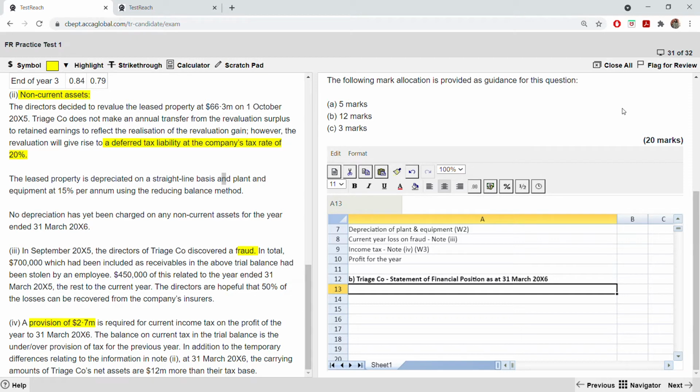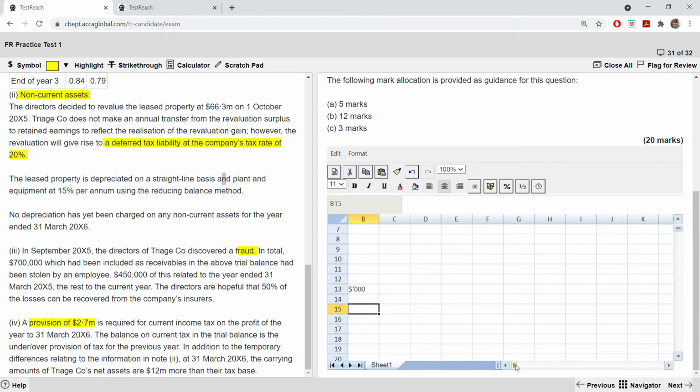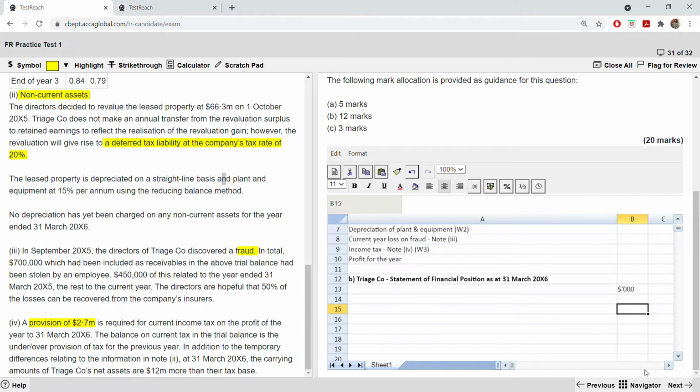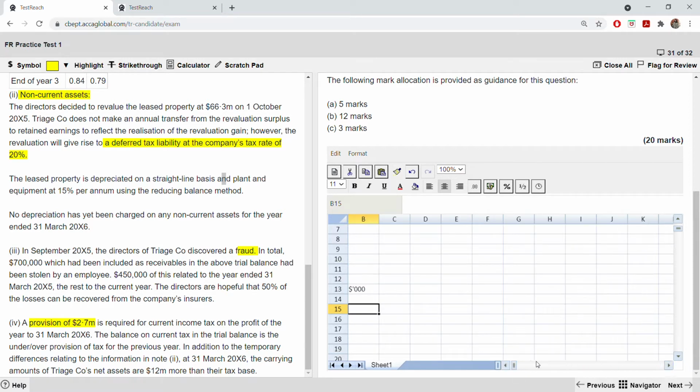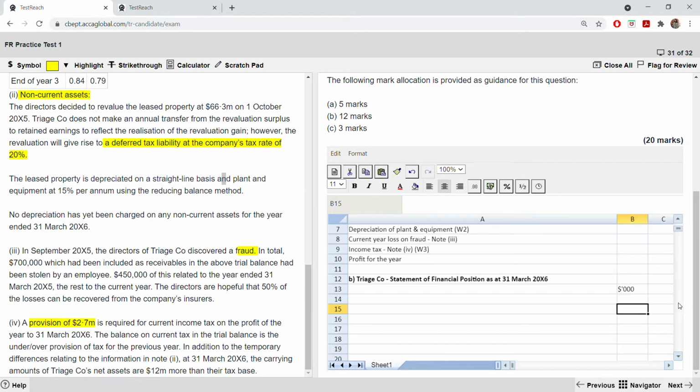So here you need to do two columns. It will be $1,000. Here also is the same $1,000.